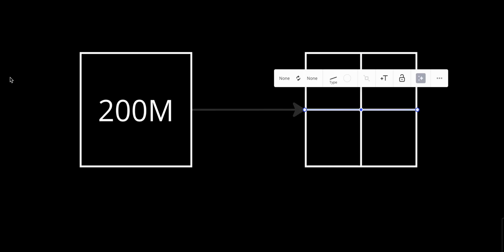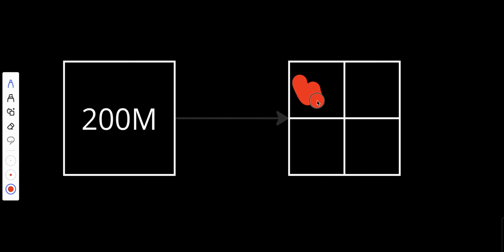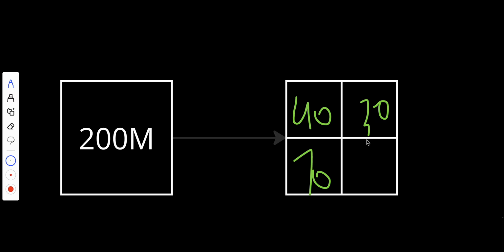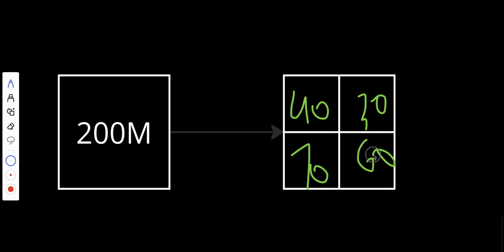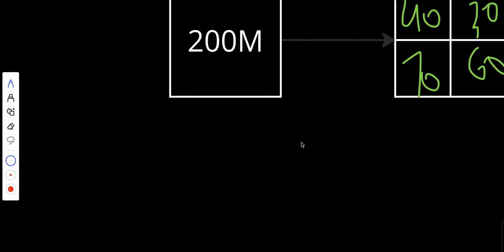So we divide this map into four, and each one, for example, this one has 40, this one has 30, this one has 70, and I guess 60 is left. So we cover the 200, and we continue doing that, and the tree will look something like this.